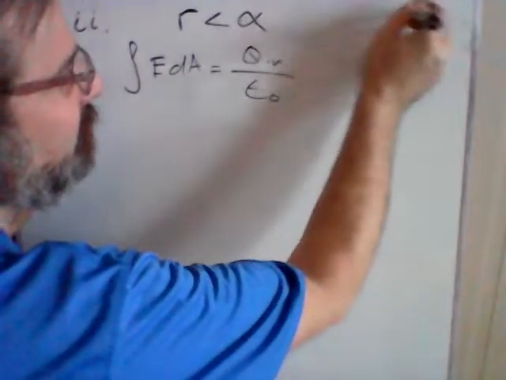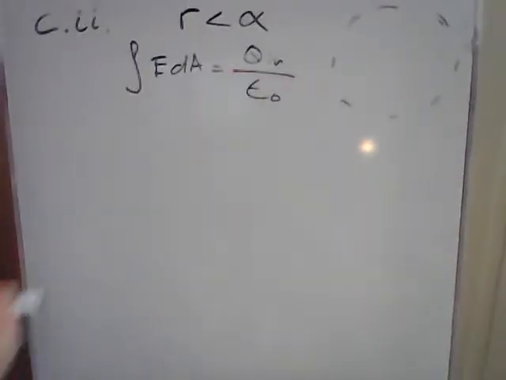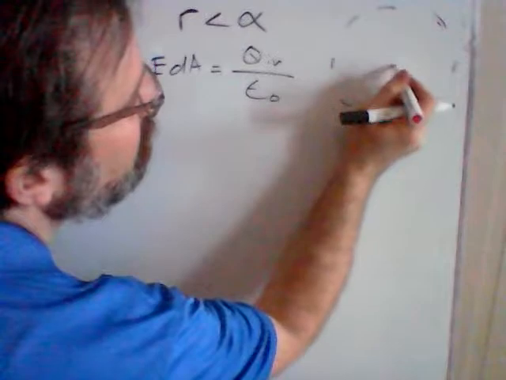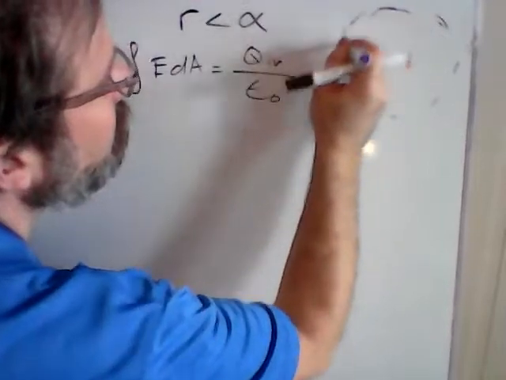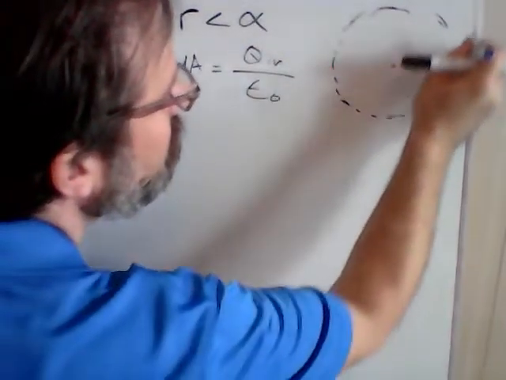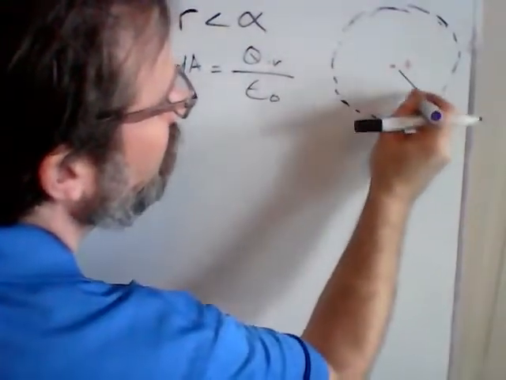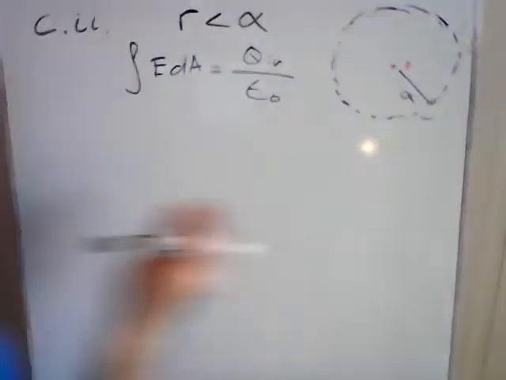If we think about that situation, here's our big electron cloud. Here's our center. This is positive. This is alpha. This is our negative charge.